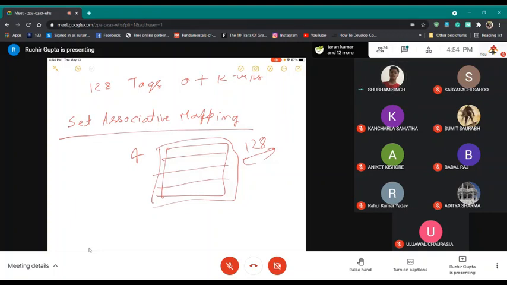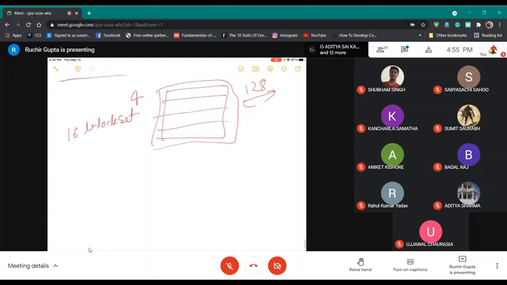Yes, sir. So suppose if you have a 16 block set. So that means you'll be having a 4-bit set field in that case. And after all those 16 places have been filled, then only it has to be replaced.